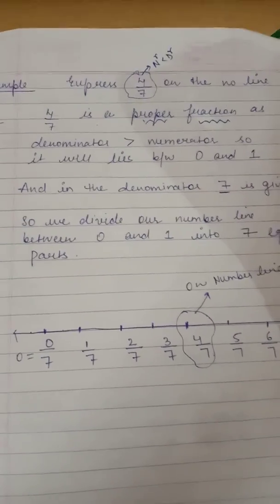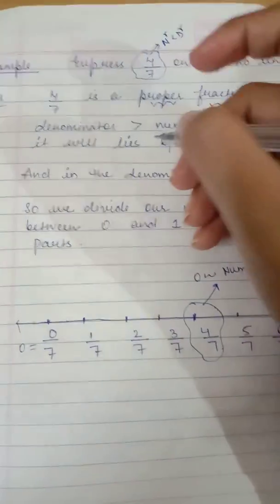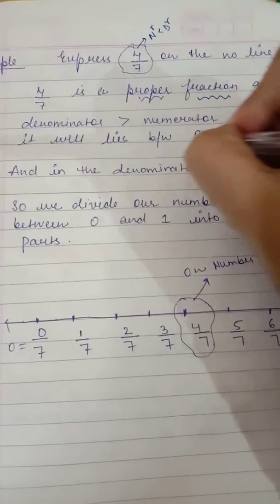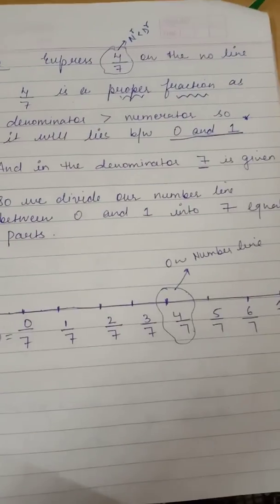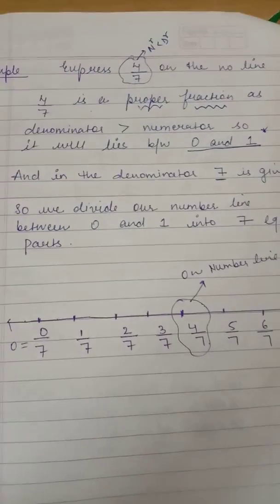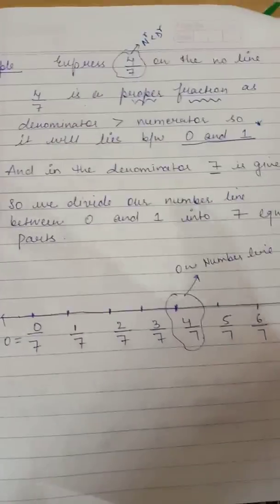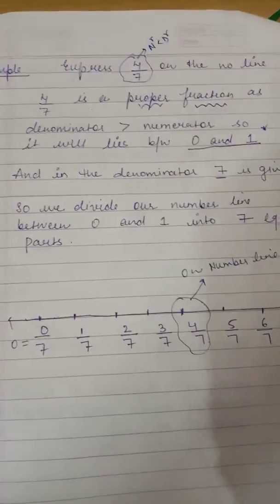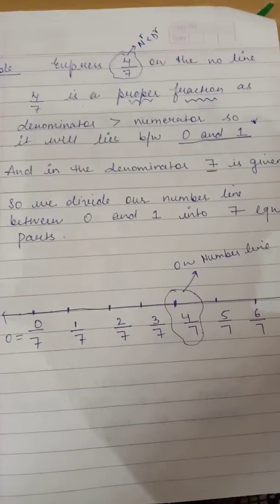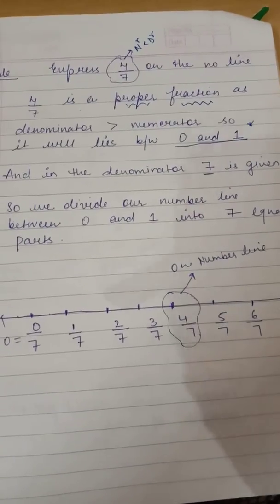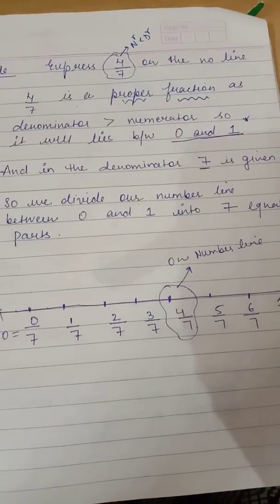So according to the rule, it will lie between 0 and 1. तो ये 0 and 1 के बीच में lie करेगा. अब 0 and 1 को हम number line पे represent करेंगे तो we will make sure that between 0 to 1 I will divide my line into 7 equal parts.